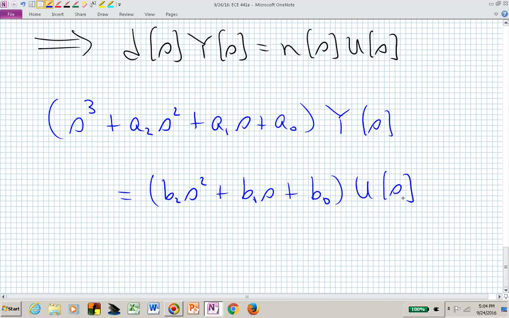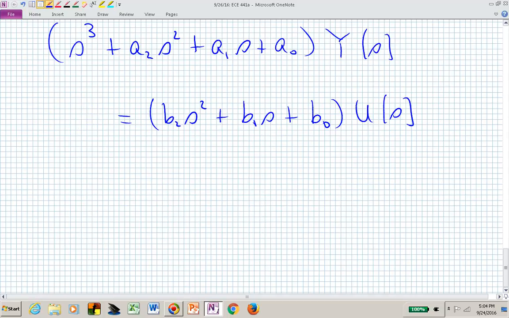Make sure it's clear that the denominator polynomial order, which is 3, is strictly larger than the numerator polynomial order, which is 2. That allows us to proceed using this technique.